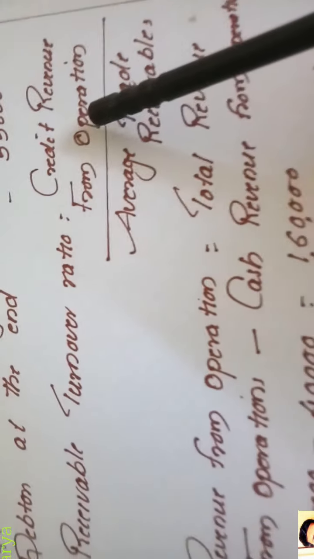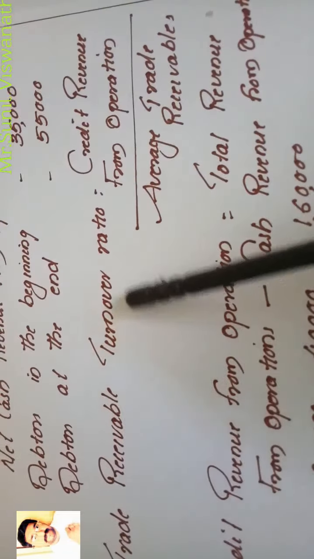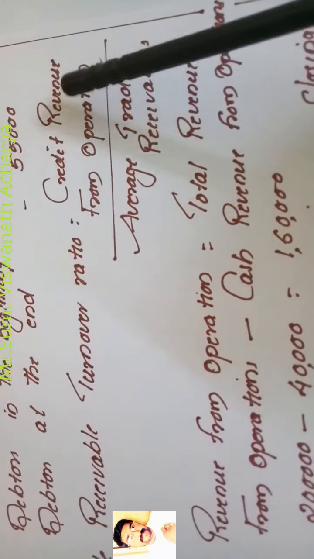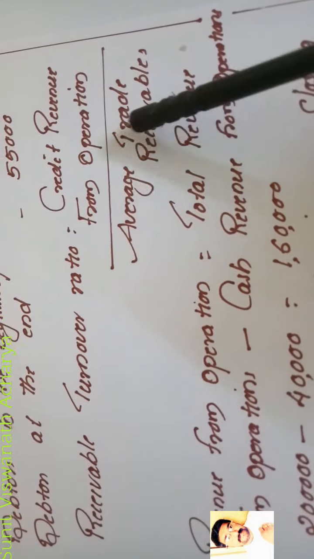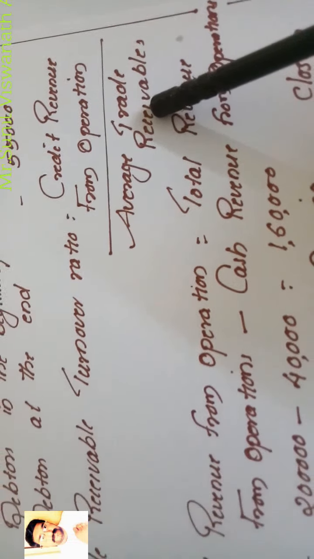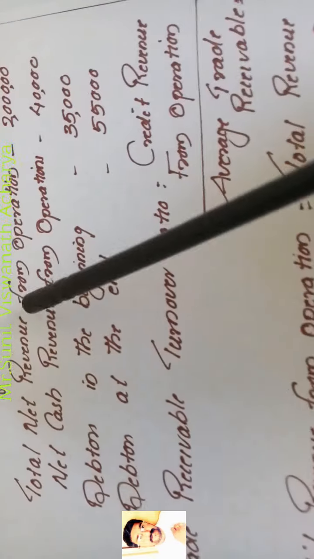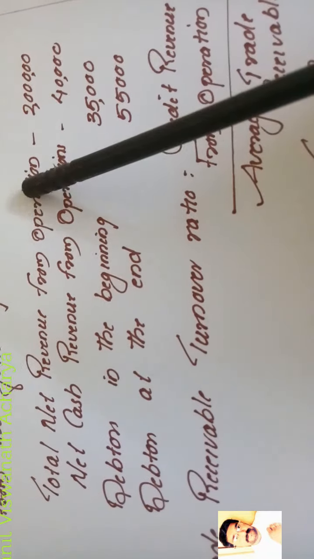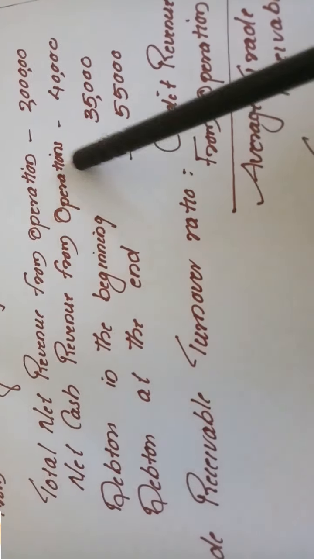First we can write the equation. Trade receivable turnover ratio is equal to credit revenue from operation divided by average trade receivable. In this question, net revenue from operation as well as cash revenue from operation is given.